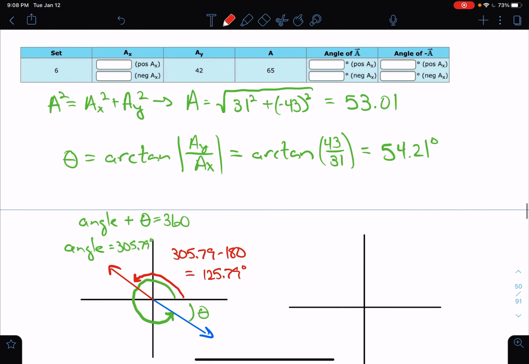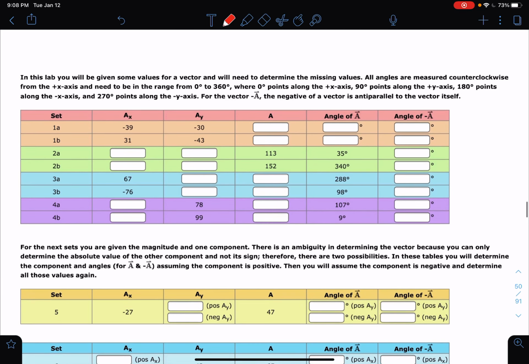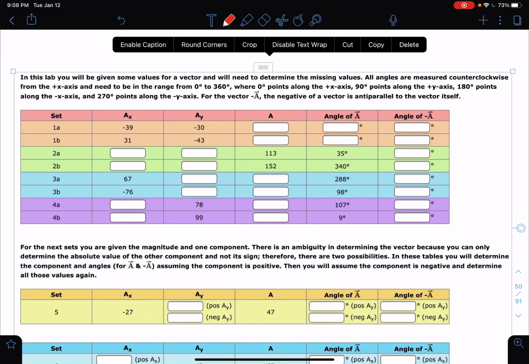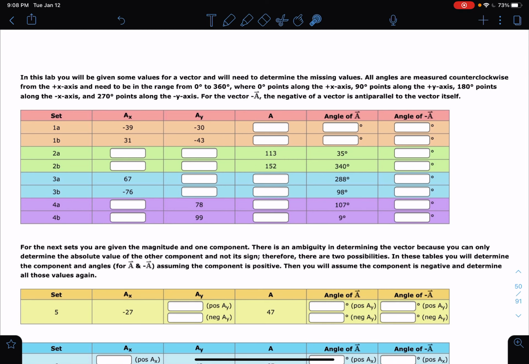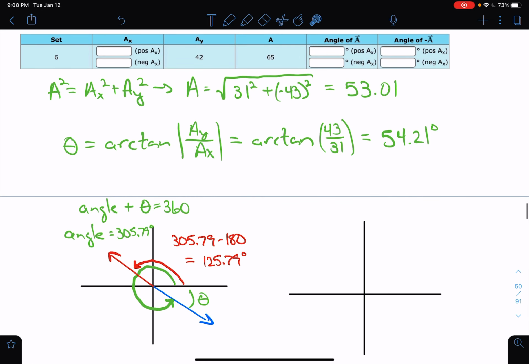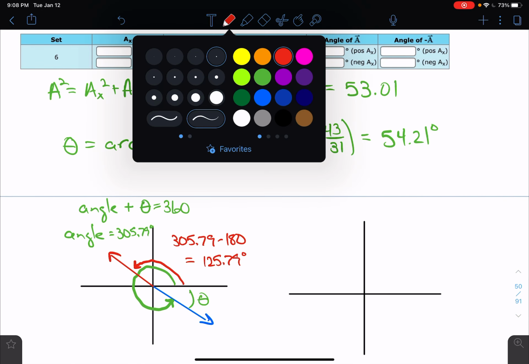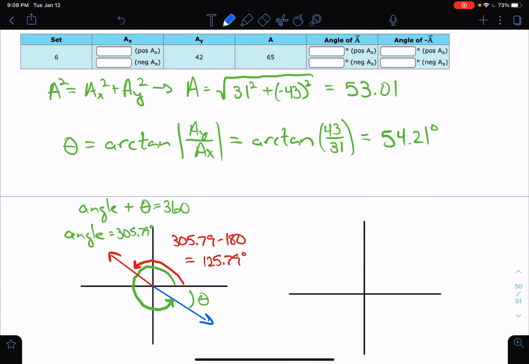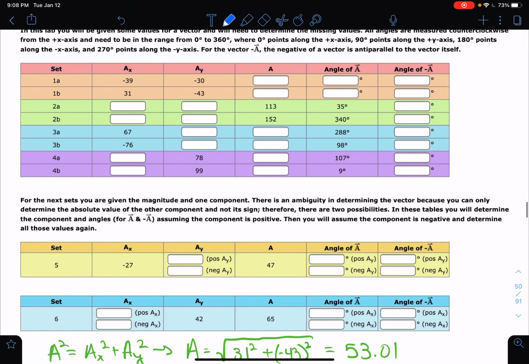Okay, so now I want to take a look at 2a. In 2a, I am given the magnitude and the angle, and I need to get the components. Okay, so how am I going to do that? Well, as I said, I think the first thing to do is to draw.